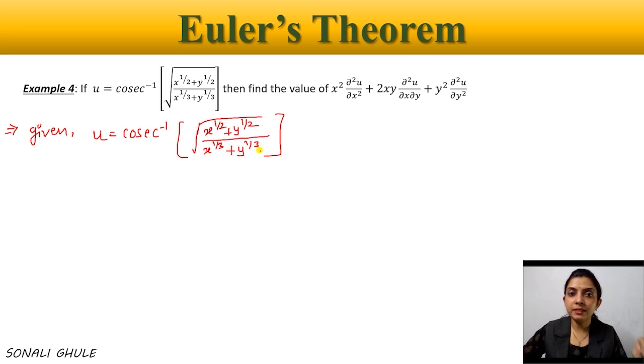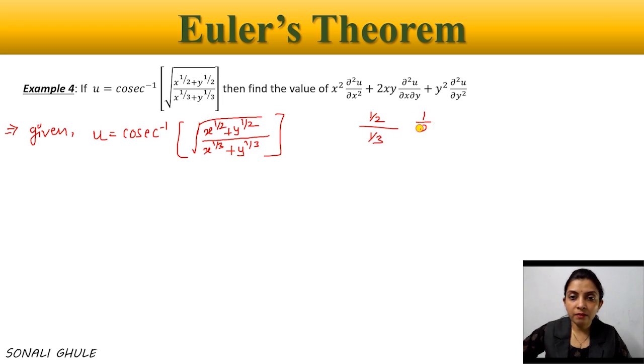So whenever there is the same degree in the numerator as well as in the denominator, then we can say it is a homogeneous function. But now I have to find the degree of this homogeneous function. So see here how we can find. In the numerator it is 1 by 2 and in the denominator the common degree is 1 by 3.